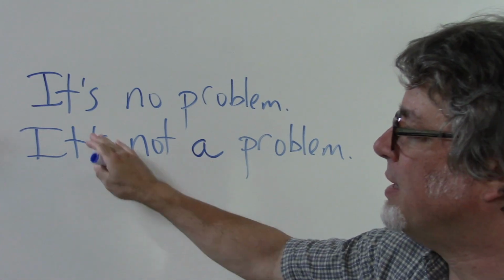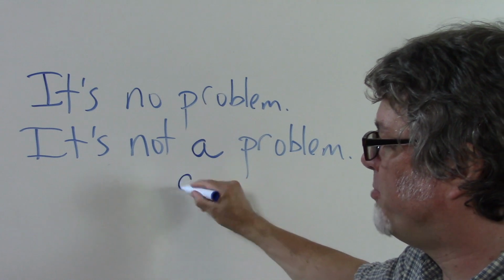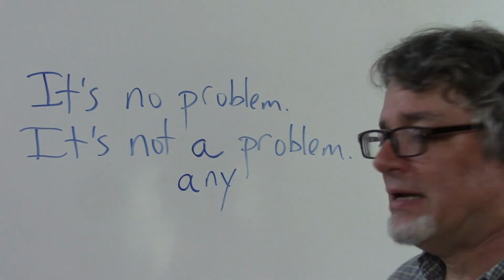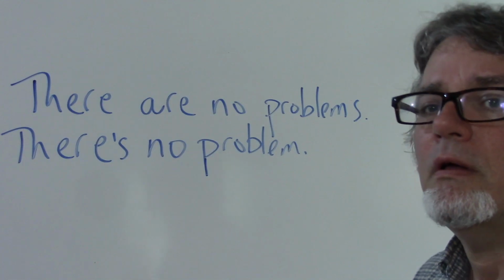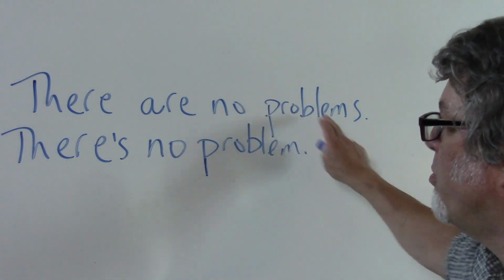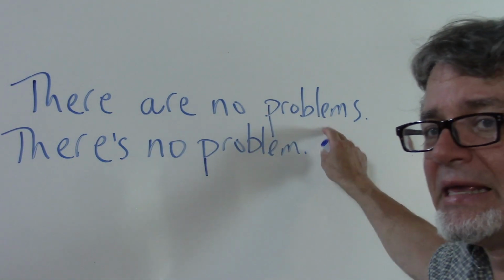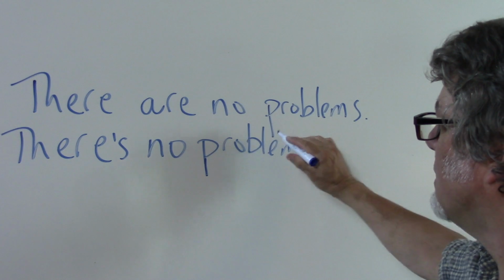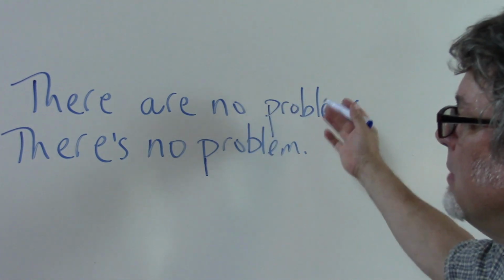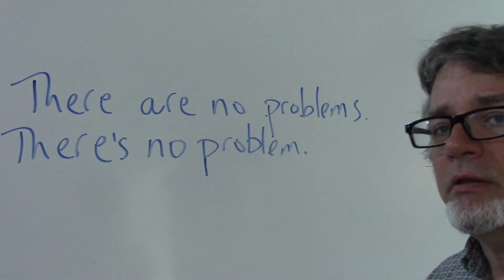So you could say it's not a problem, or it's not any problem. There are no problems. This is a count noun, and you can put this in the plural or the singular. There's no problem.